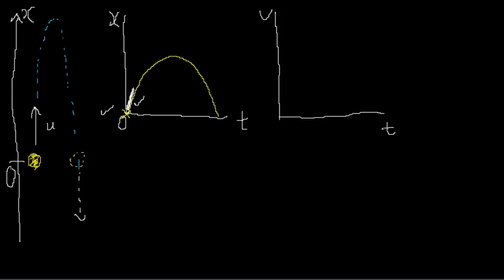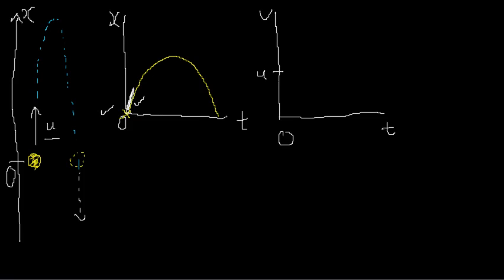Now, in this case, I'm given that the starting velocity is u. So there's some velocity at the start. It's not just 0 velocity. So maybe it's somewhere here. So maybe that's my u. That's my starting velocity.